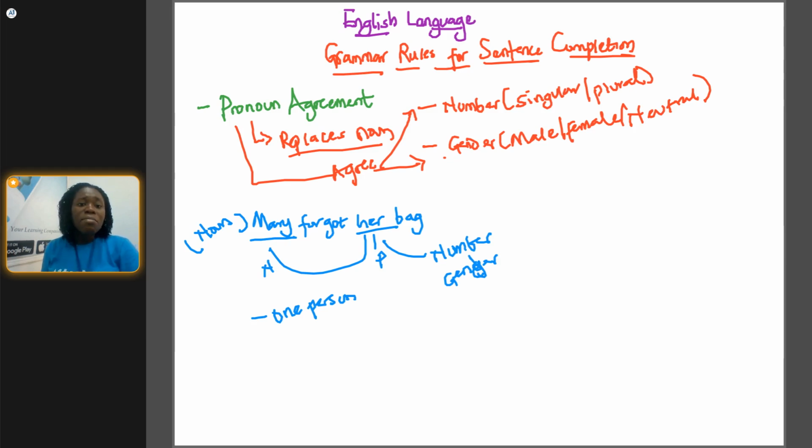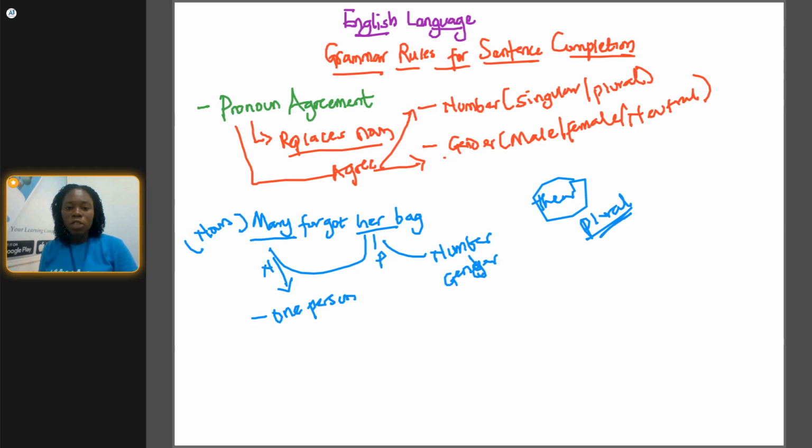So instead of saying Mary forgot their bag, all right, their is already showing plural. And that's not what we are looking at, because Mary is singular. Mary is just one person. So if Mary is one person, then the pronoun that you're using to replace Mary should be singular. All right. So we have her.